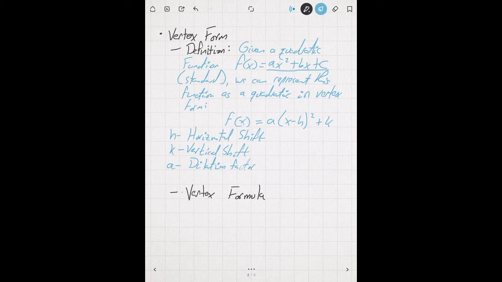A controlled how wide or how thin the parabola was. It also controlled the orientation. Was it facing up or was it facing down?